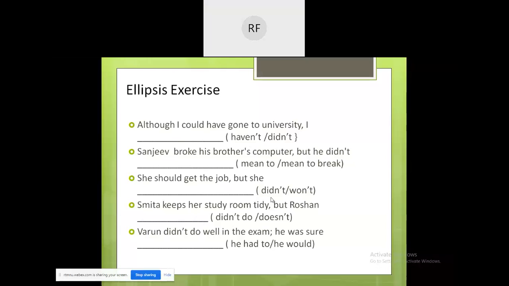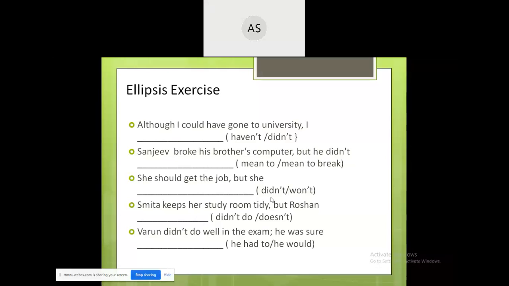Mean to. He didn't mean to. Want. The third one is want. She won't. Doesn't.